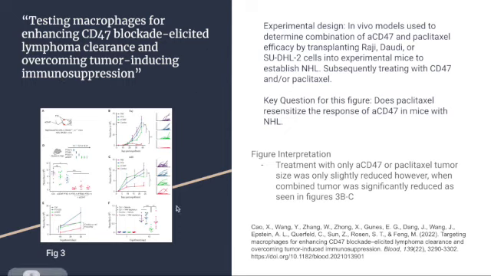Here for this figure, the experimental design was to use in vivo models to determine the combination efficacy of anti-CD47 and paclitaxel by transplanting Raji, Daudi, or SUDHL2 cells into experimental mice in order to establish non-Hodgkin's lymphoma, and subsequently treating them with anti-CD47 and/or paclitaxel.